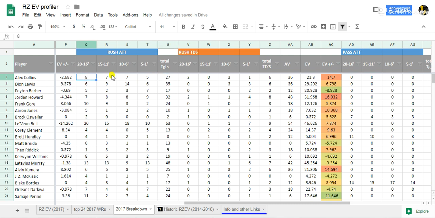By breaking it down by the yard line, you get a lot more accurate view of if they over or underperformed based on their opportunity and where that opportunity came on the field. Because that is intuitive, right? A target or a rushing attempt inside the 5-yard line is more likely to result in a touchdown than one that you get inside the 20. And so it just accounts for that. And I really like the methods of that.